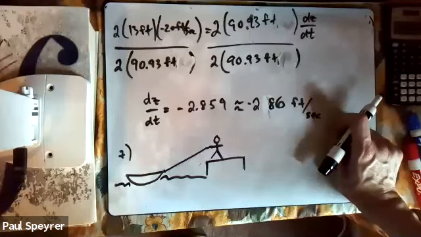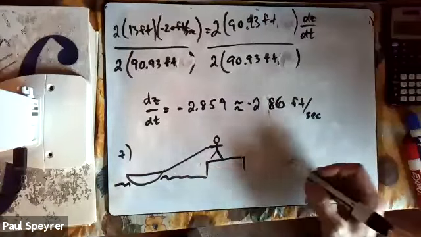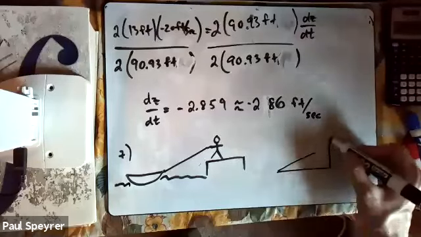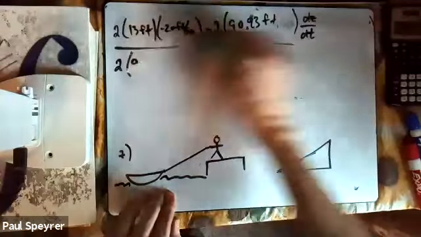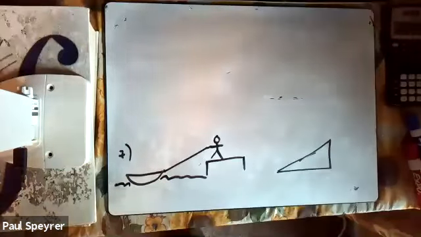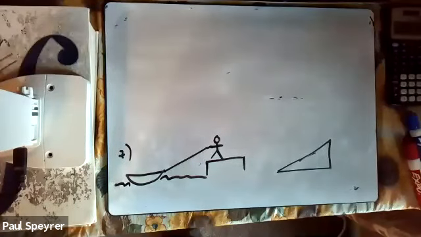So what do we do right there? Well, we have another triangle, right? Got a triangle right here. Let's just fill in what they're giving us. They're saying the rope is being pulled in at 3 feet per second.